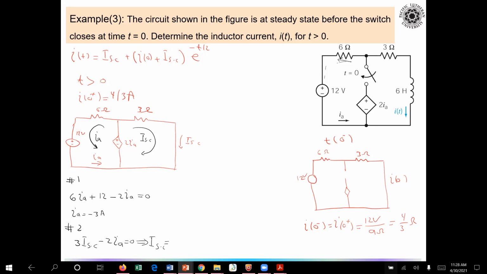I have IA minus 3 is minus 2. Okay, minus 2. Now I have helped you to find the IA and I short circuit. And now what next?